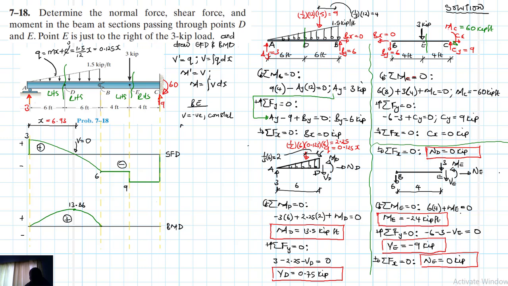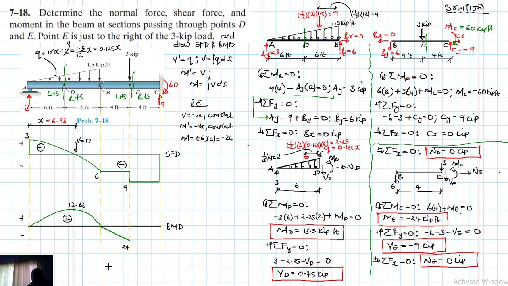So you expect M prime, the slope of our moment, to also be negative and constant, and this magnitude is just equal to the area under the shear diagram, so it's minus 6 by 4, which is equal to minus 24. So let's draw that. From B to E, we just have a straight line like this. So let's imagine that is our value of 24 there.